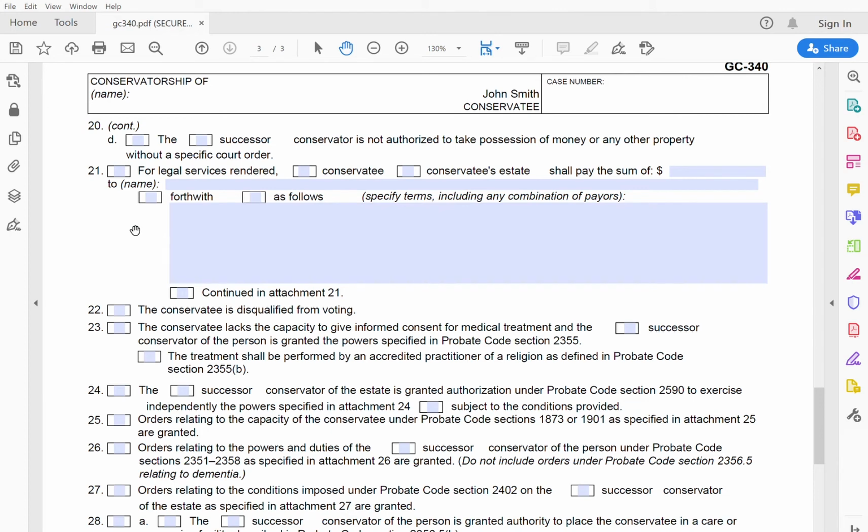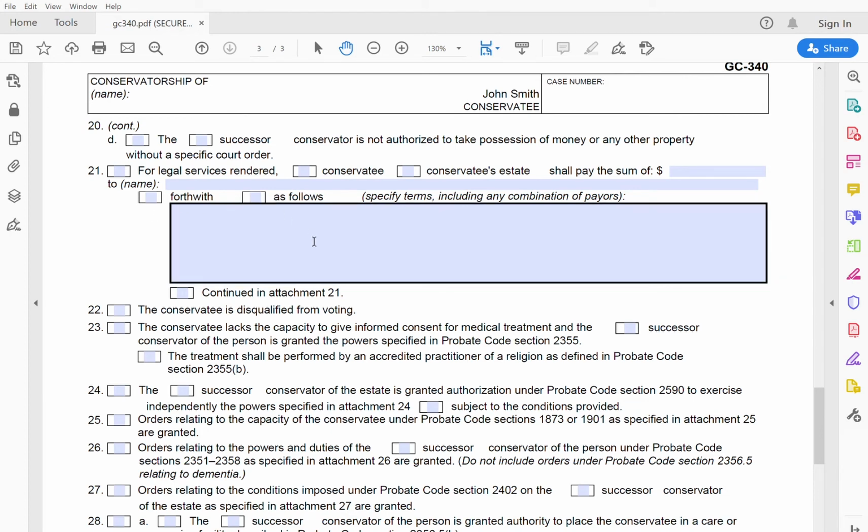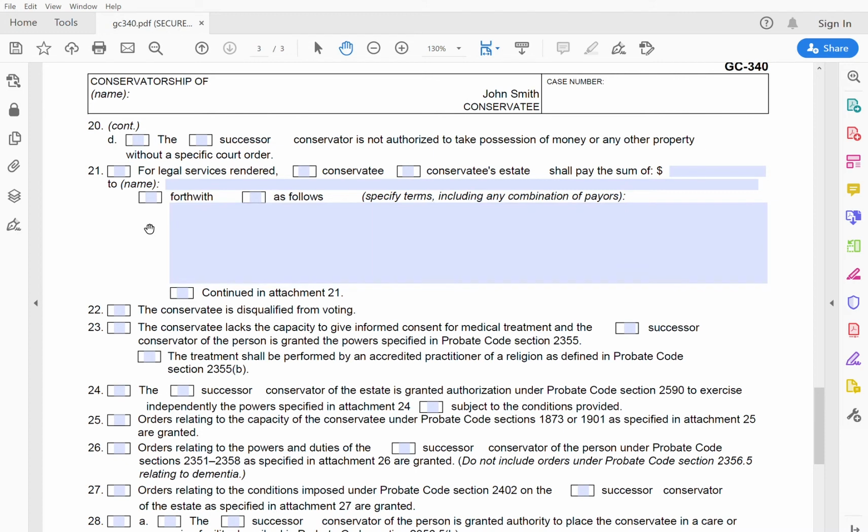However, when it's the PD, the public defender, there's typically not a charge. And if there's a fee waiver, typically the court will cover these costs as well. I leave it blank. I let the court decide on 22 if the conservatee is disqualified from voting. I do check this because I always double down.